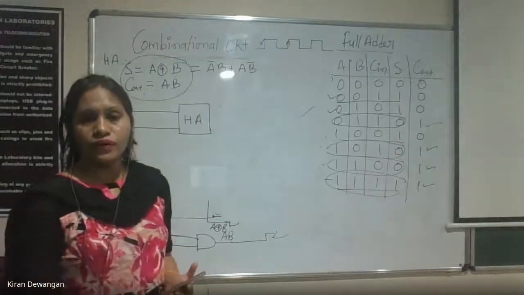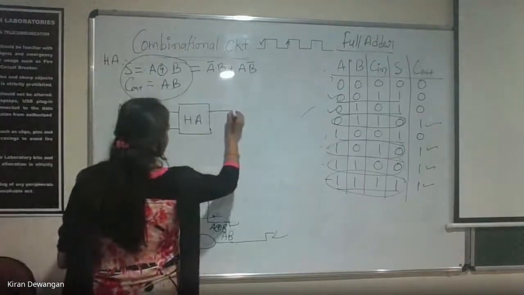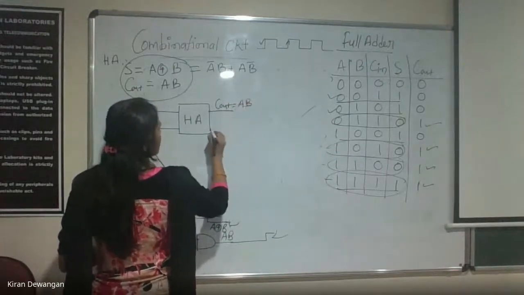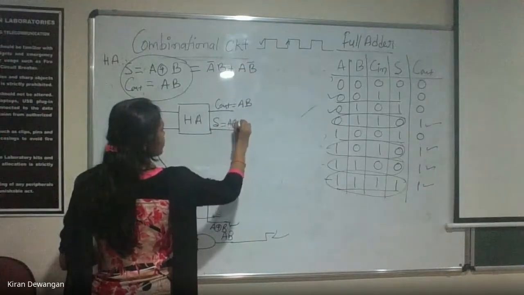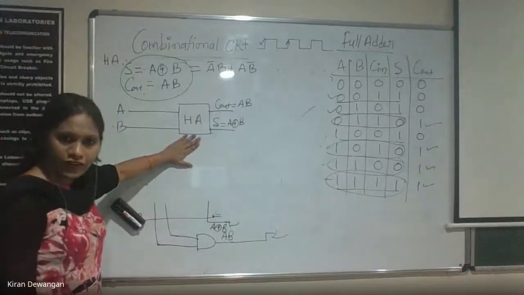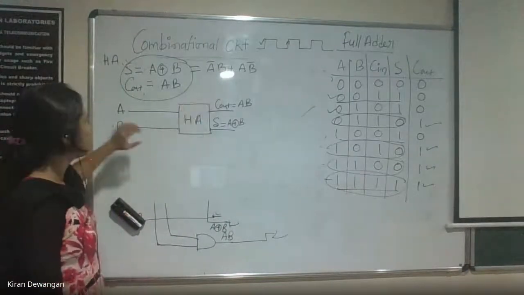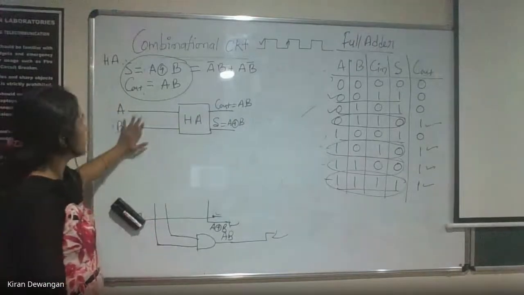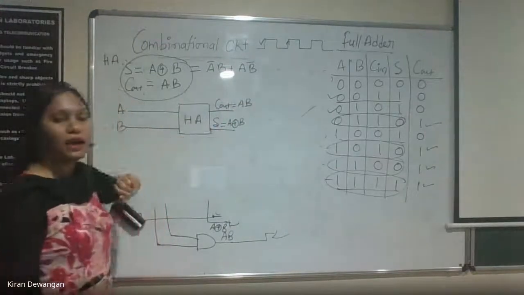So this is how I'll get my two inputs, and the outputs will be, one is the carry out, which is AB, another is sum, which is A XOR B. If I just write it in a block, this is a half adder circuit. Inside we'll have all the connections of the gates. Here this side is input and this side is output. So here I am giving A and B, and this is my output. This is C out and this is my sum.